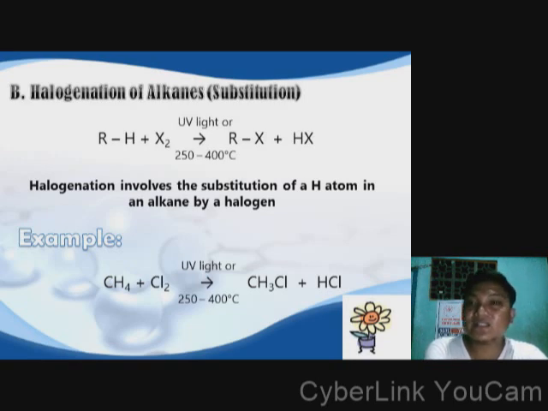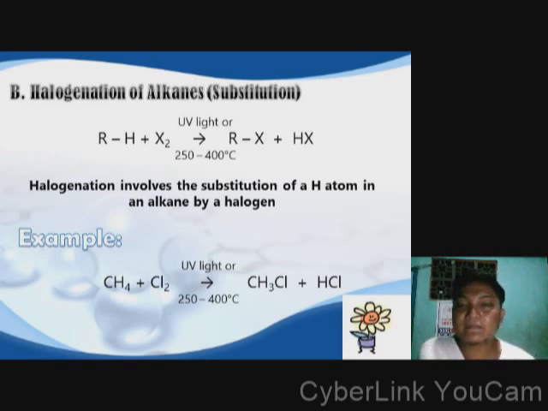Halogenation involves the substitution of the H atom in an alkane by a halogen. We have here the example: methane plus chlorine, through UV light or 250 to 400 degrees Celsius, forming chloromethane plus hydrochloric acid.